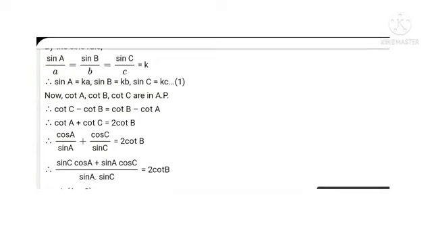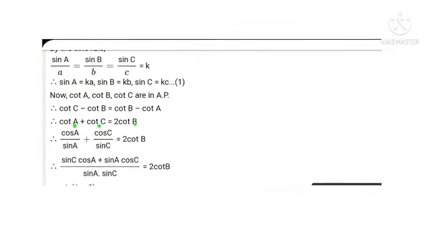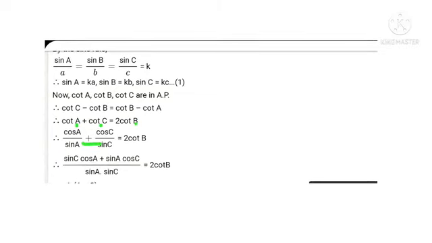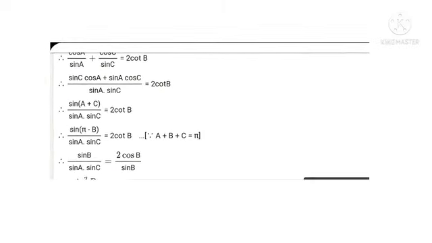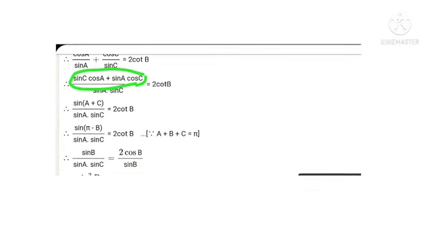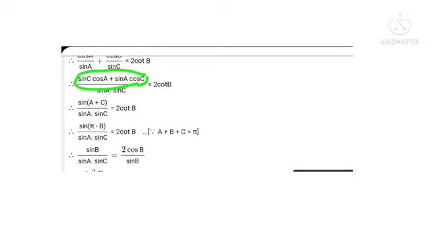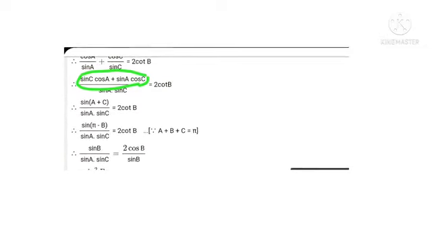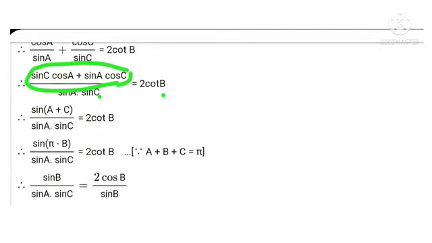Here you write cot A as cos upon sin, and here cot B as it is. You take here LCM. Then we get here, this is the formula. Which is the formula? sin A cos B plus cos A sin B means sin(A plus B), means here A plus C. Denominator as it is and RHS as it is.